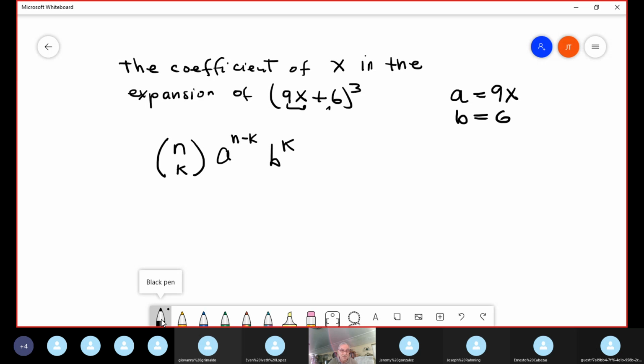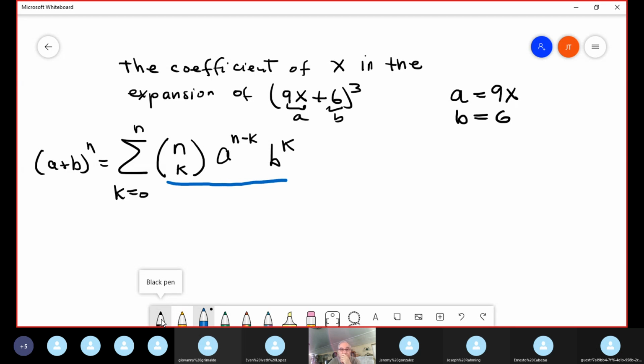This is a, this is b. Remember, this is a plus b to the n power, but we have several terms, not only one. It's a summation. But we focus on the expression inside.